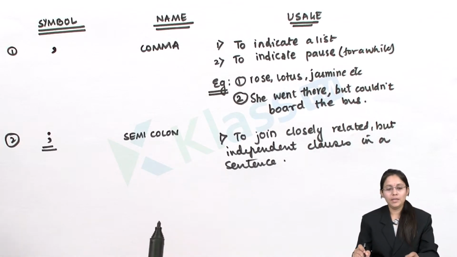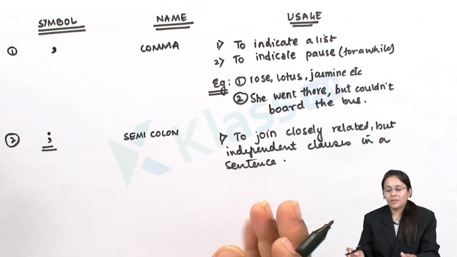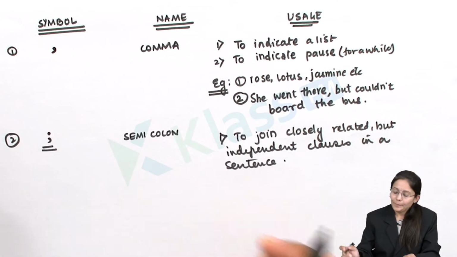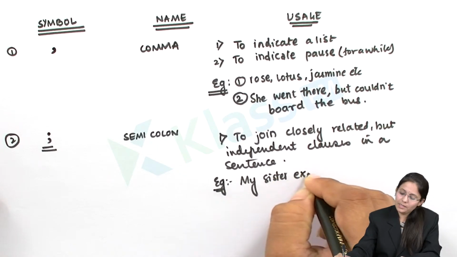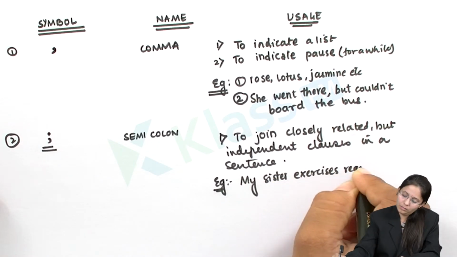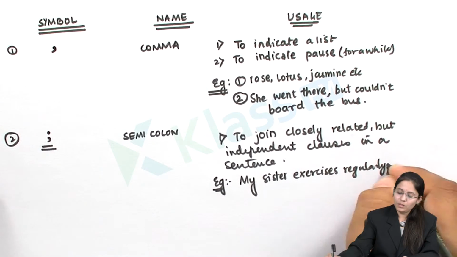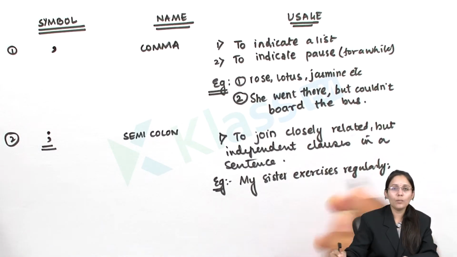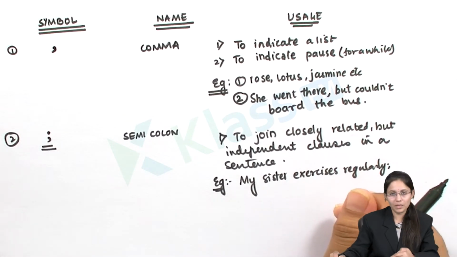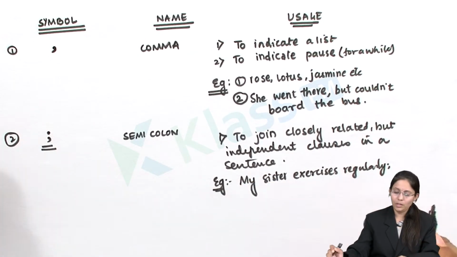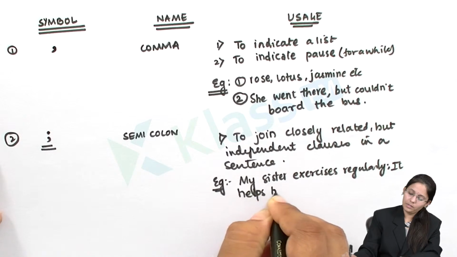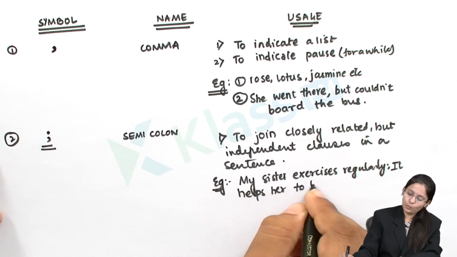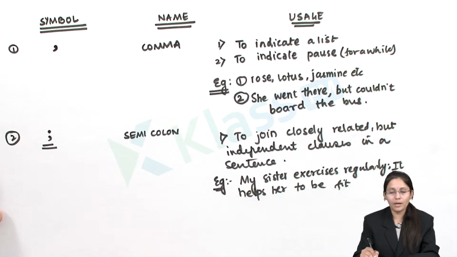Now let us see a better example. My sister exercises regularly. This is one sentence. Semicolon means you still want to say something; after the full stop, you want to add something related to it. So we add that it helps her to be fit. I hope you are getting what I mean here.